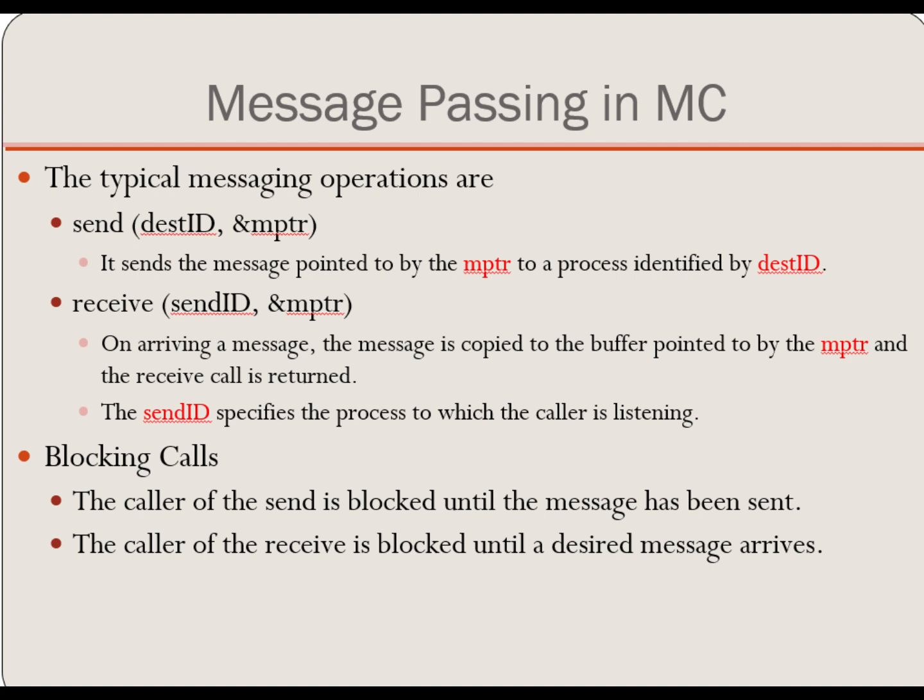That's a very common, general purpose interface for send and receive. To provide these operations, the semantics of send and receive may be different; different systems may provide different semantics. The major difference would be the blocking semantics.